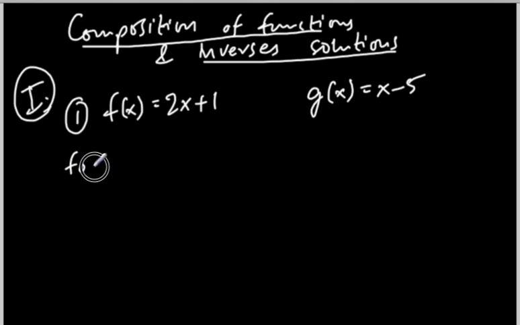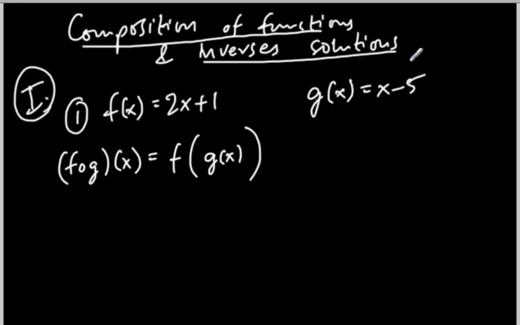So if I wanted f of g, what this means is I do f, and as the argument, I take g. And what is g? It's simply x minus 5. So it becomes f of x minus 5. All I literally did was take the expression for g, which is x minus 5.